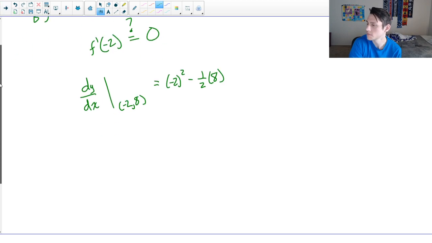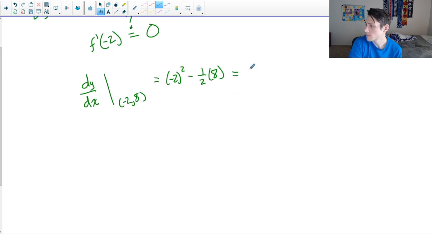That's 4 minus 4, which is 0. So it does turn out that it is going to be a relative min or max.